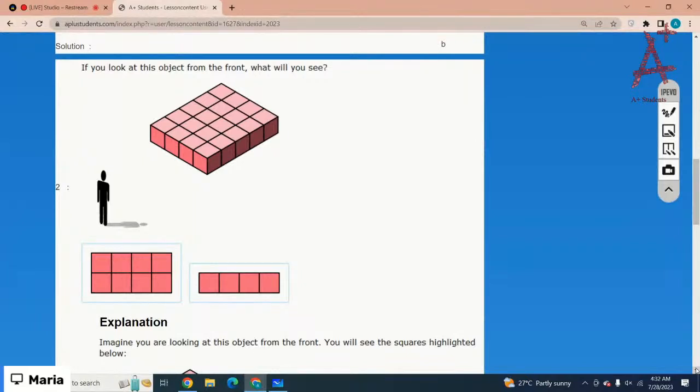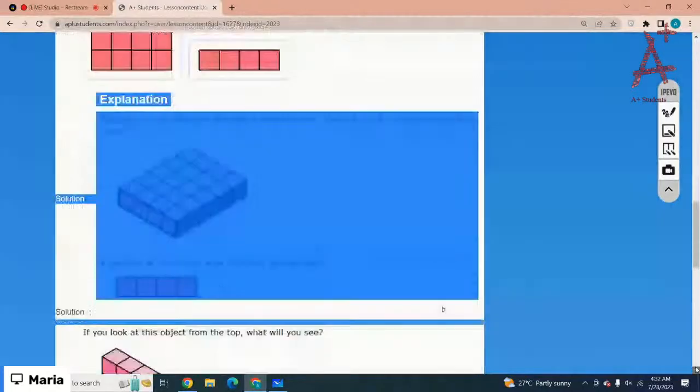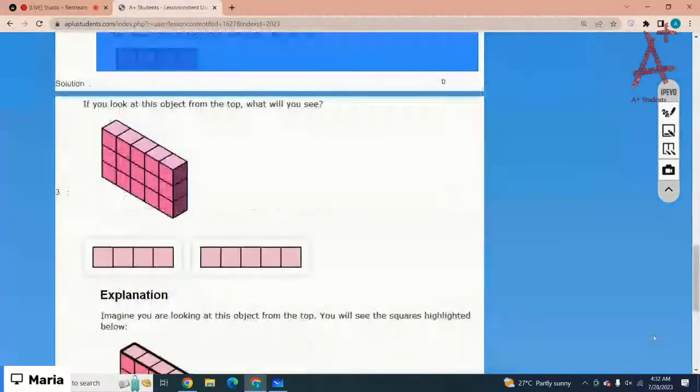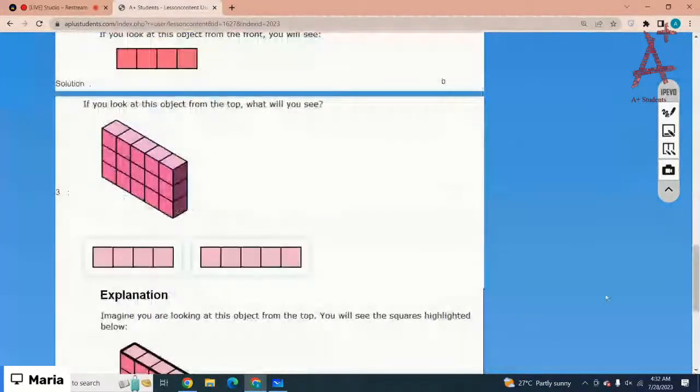That means you can see this face, the one, two, three, four, the highlighted face. So the correct option is this one. Okay, if you look at this object from the top, what will you see? So which is the correct option?